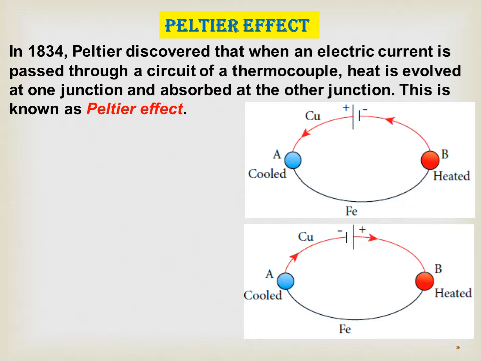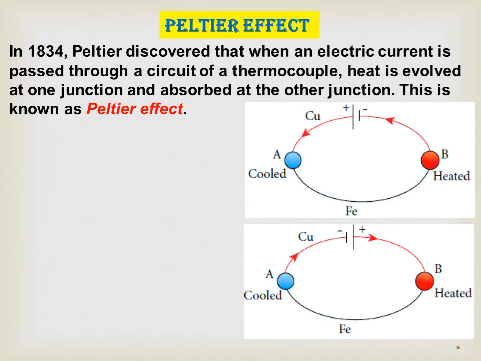At junction A, the current flows from Cu to Fe, heat is absorbed, and the terminal becomes cold. At junction B, the current flows from Fe to Cu, heat is liberated and it becomes hot.